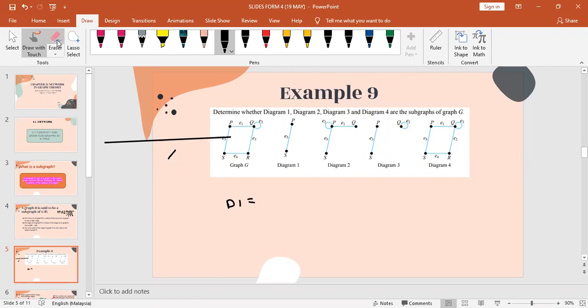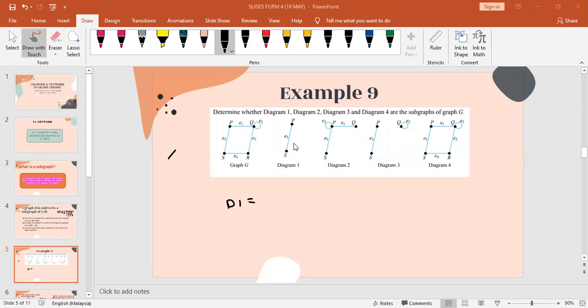So kalau kita tengok graph G ni, betul ke diagram 1 ni is part of graph G? Can you identify, is there any differences between diagram 1 and graph G? Amalina? Betul tak?